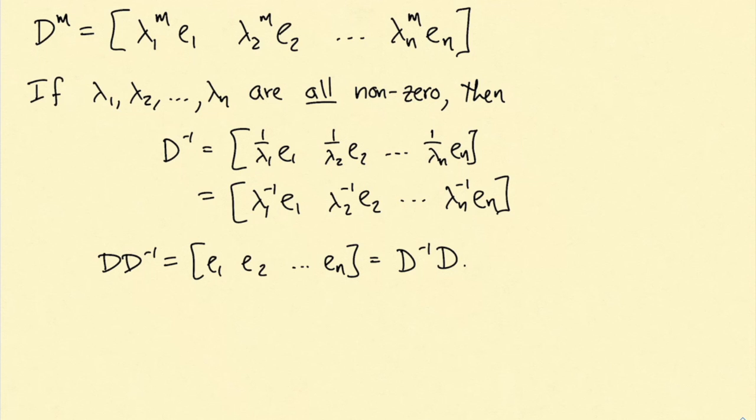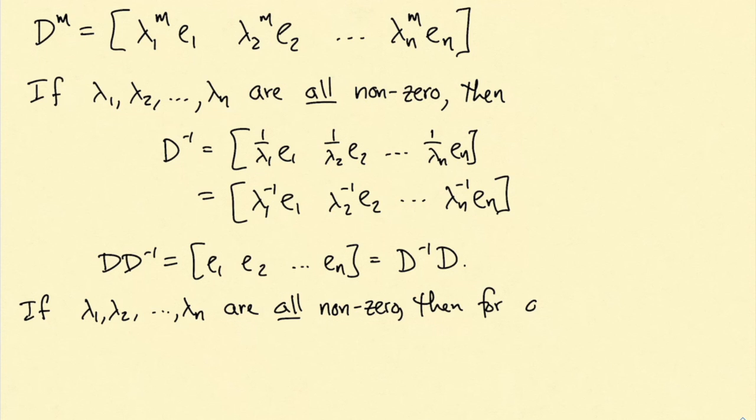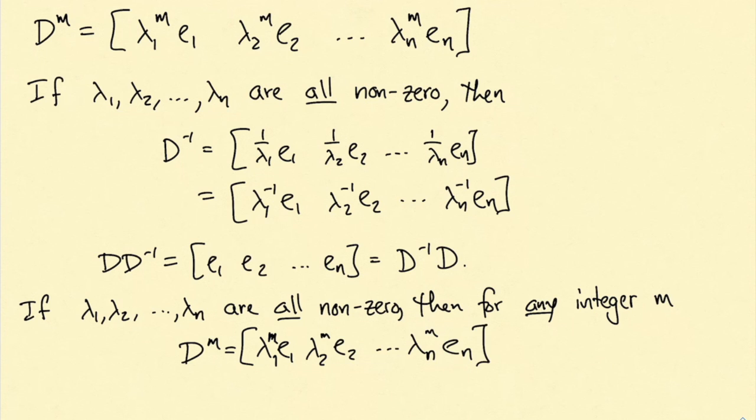So as long as our matrix has non-zero entries, we can actually relax the condition that our integer m is positive from above. If lambda 1 through lambda n are all non-zero, then for not only positive integers, but any integer, negative integers included, D raised to the m power is lambda 1 to the m E1, lambda 2 to the m E2, all the way down to lambda n to the m En.